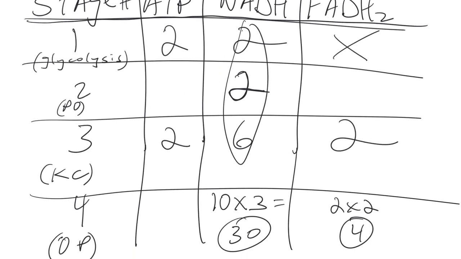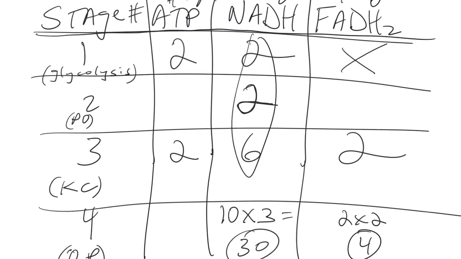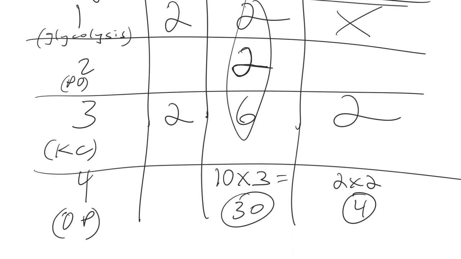So we count all the ATPs. 2 plus 2 is 4. Total. We didn't produce any there. Those are already there from stage 3 and stage 1. So we got 4. We got 30.